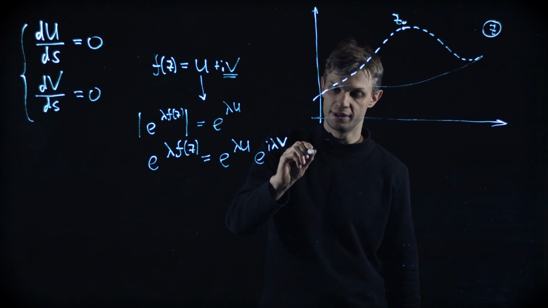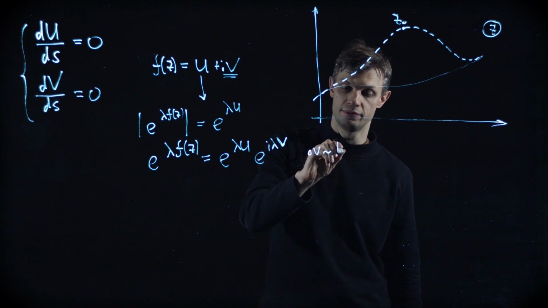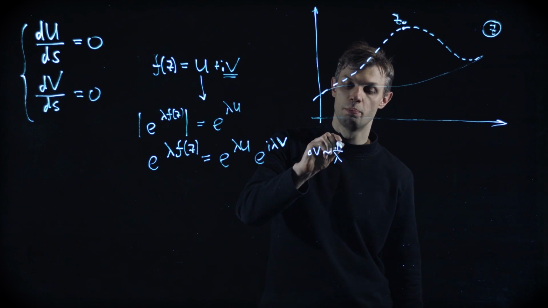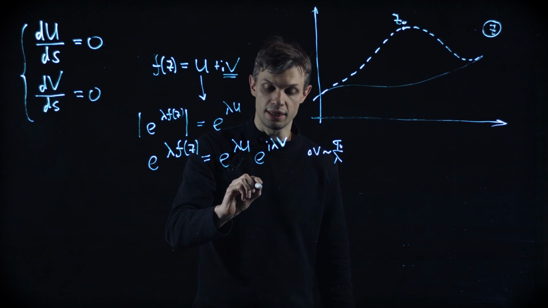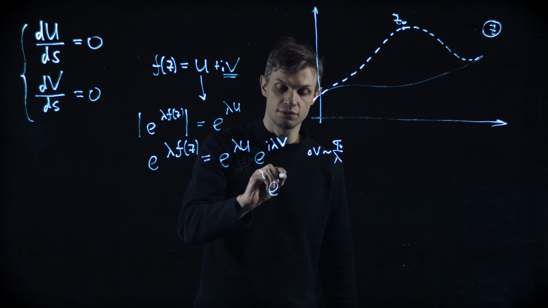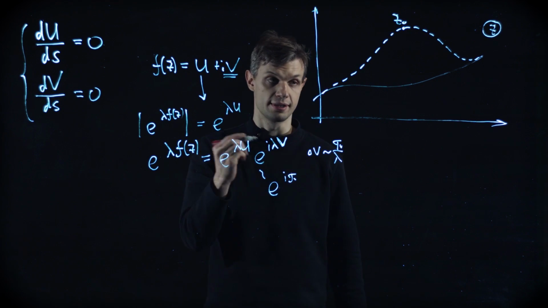For example, if delta v is really small, of the order of pi over lambda, say, then the change in this number would be e to the i pi, so it changes the sign.